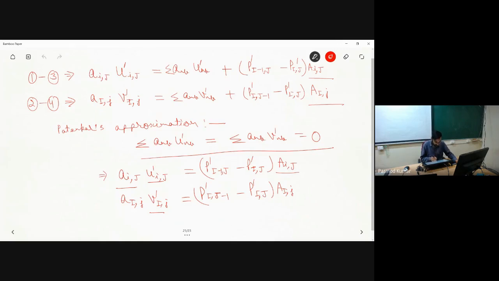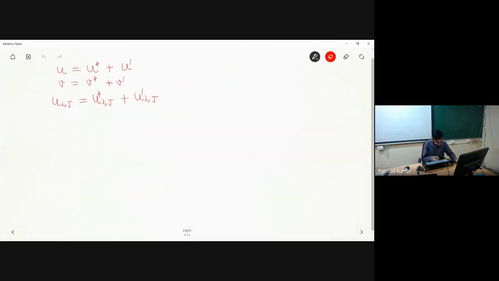Now I will use this substitution for my u dash term. When I substitute the value for u dash, I will find u star at point i comma j plus, can you tell me what I will be getting? Please tell me.